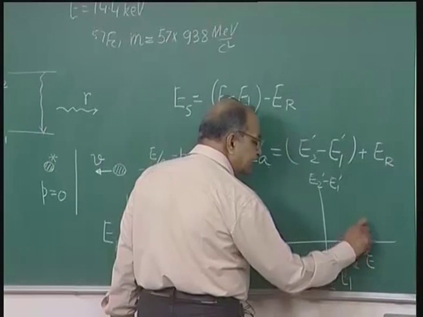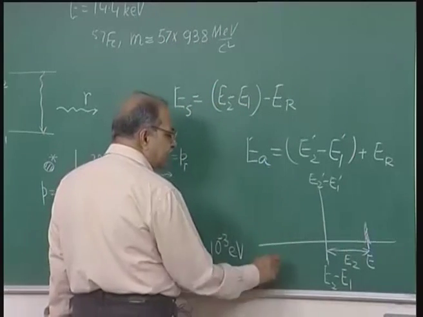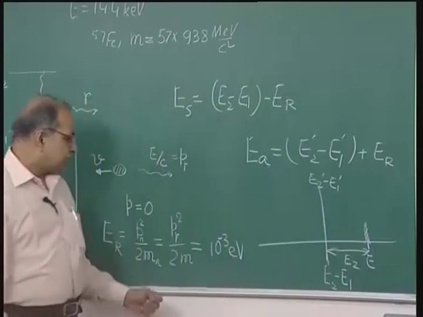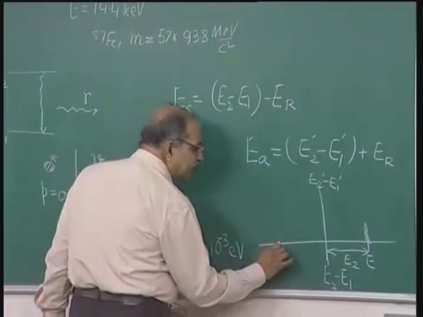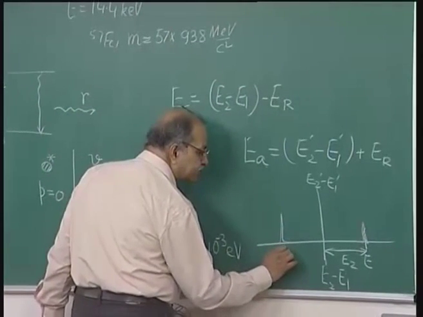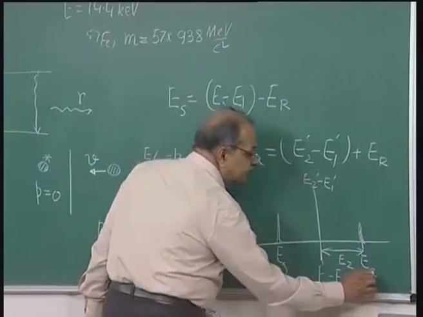This much energy is needed, whereas the energy which is coming is ER less than this. So, the energy which is coming is only here. So, this is finally ES and this is finally EA.